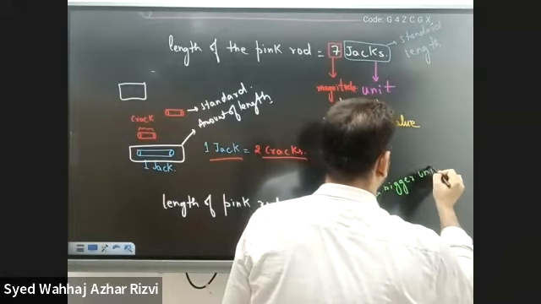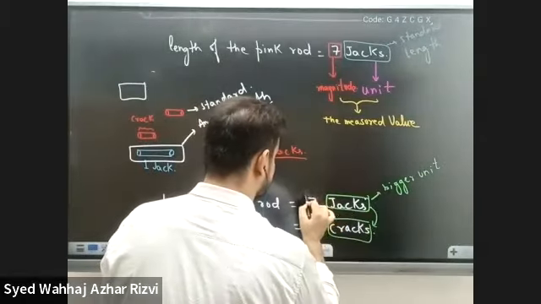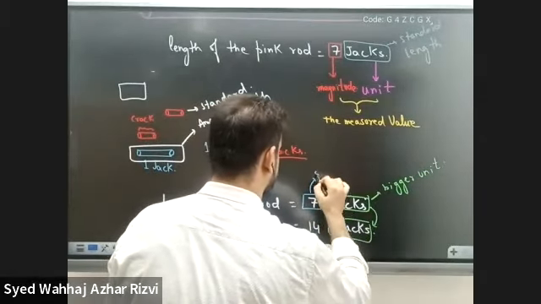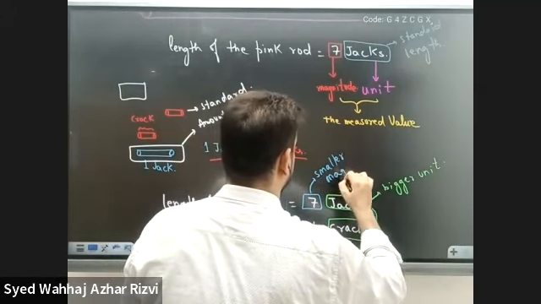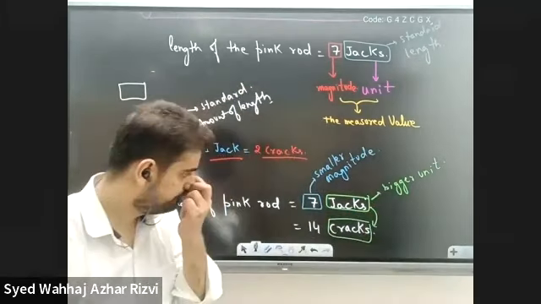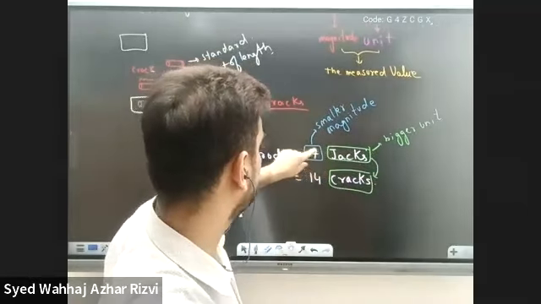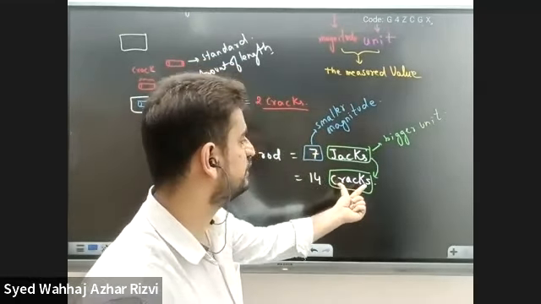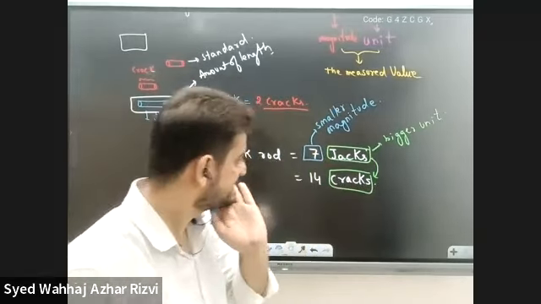The one with the bigger unit has a smaller magnitude. Right? So the one with the bigger magnitude has a smaller standard unit, a smaller standard of length.